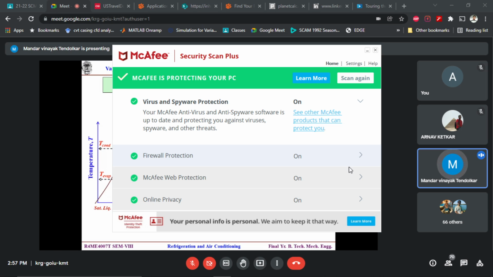So this is called the second law efficiency. Even though you are measuring the performance in terms of a COP for the refrigeration cycle, still you can express the relative part as the efficiency only, because we have proved that COP of the VCC will always be lesser than that of the corresponding Carnot cycle.